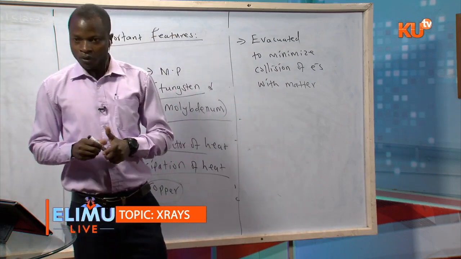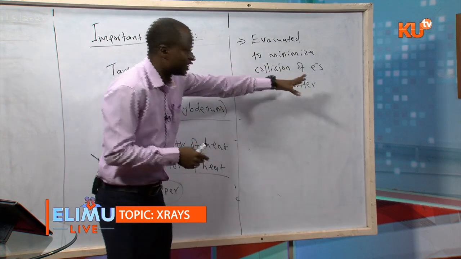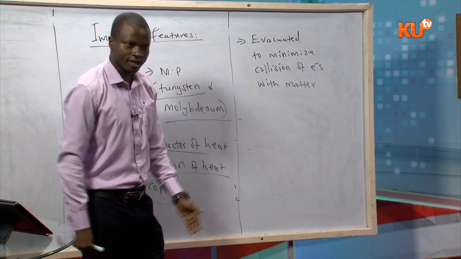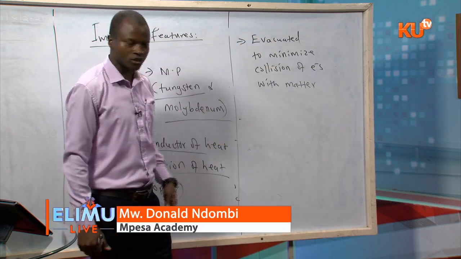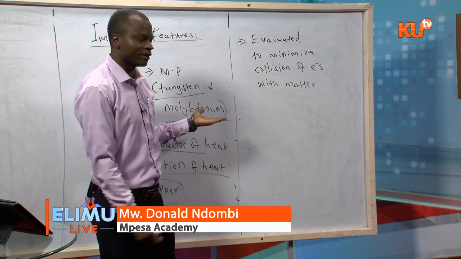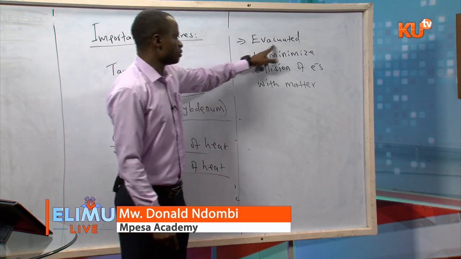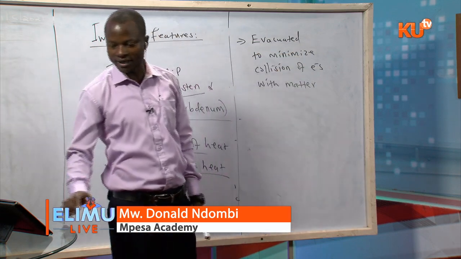In that case, we want to minimize the electrons interacting with any other thing, because that will interfere with their movement to the target. Then we are waiting for X-rays and the electrons did not reach the target. So what will happen? We shall not have anything happening. We shall not have our X-rays produced. Therefore, we ensure the tube is evacuated to minimize collision of electrons with matter.